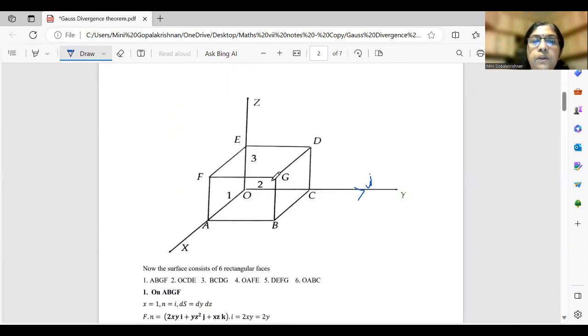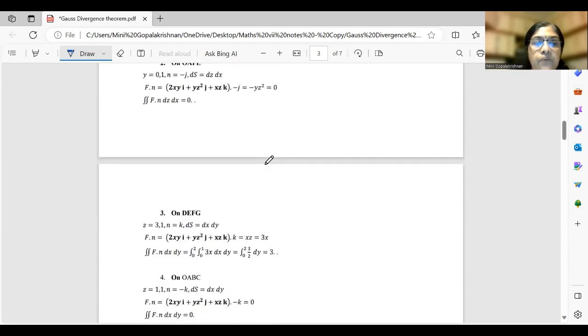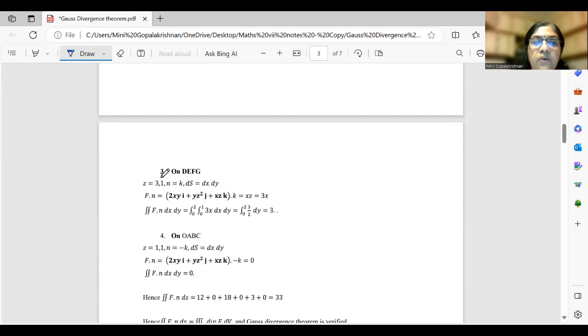Okay, now we have only the top and bottom faces left. Along the top face, we will have your z value maximum, which is equal to 3. So dz becomes 0. So your dS becomes dx and dy. Calculating f dot n, you will get 3x.